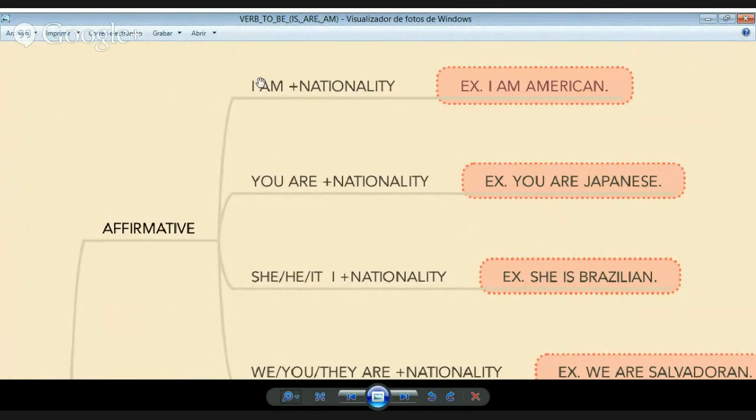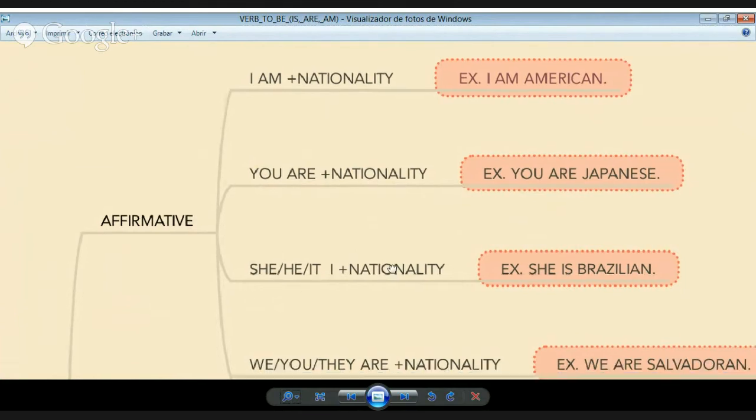Se dará cuenta que utiliza usted the subject pronoun I, más el verbo be, am, más la nacionalidad que usted quiere indicar. Si se va al sujeto, you are plus the nationality. Example, you are Japanese. So as you can see, you can check the subject pronoun, the verb be are, and the nationality. So you can say you are Japanese, you are American, etc.